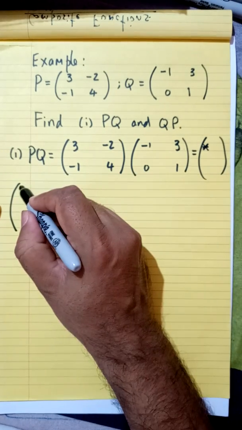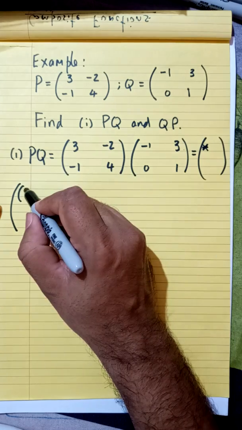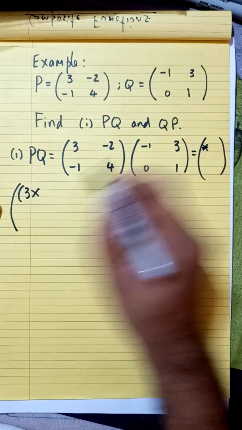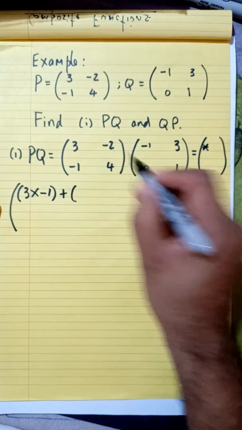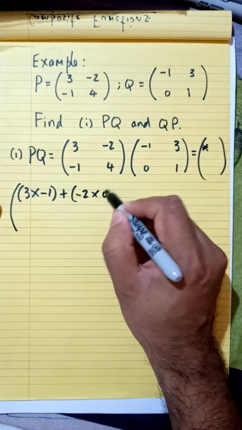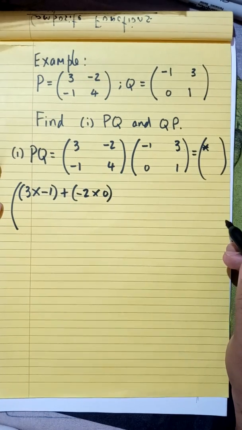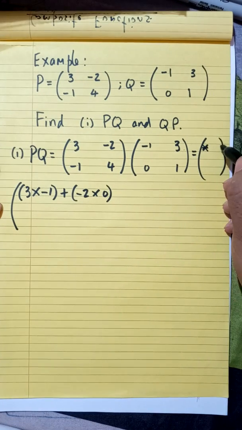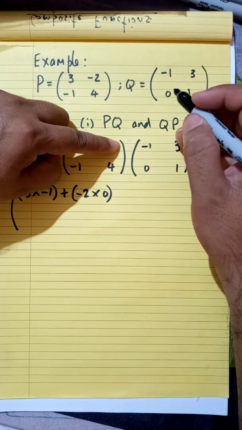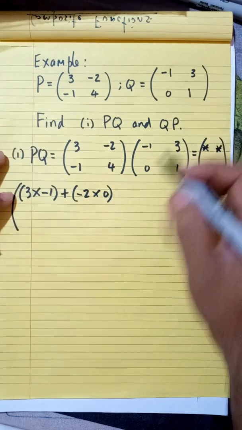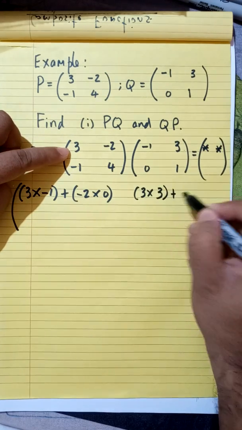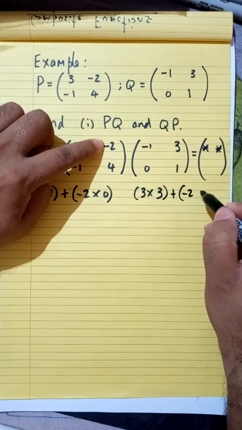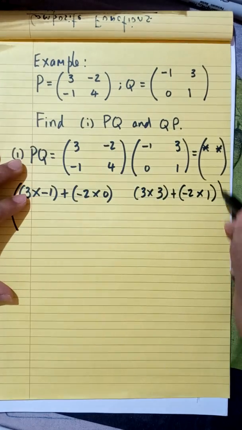So it's going to be 3 multiplied by -1 plus -2 multiplied by 0. And that's how we get this element. To get this other element over on the right hand side, we use the same row but with the second column. So it's going to be 3 multiplied by 3 plus -2 multiplied by 1.